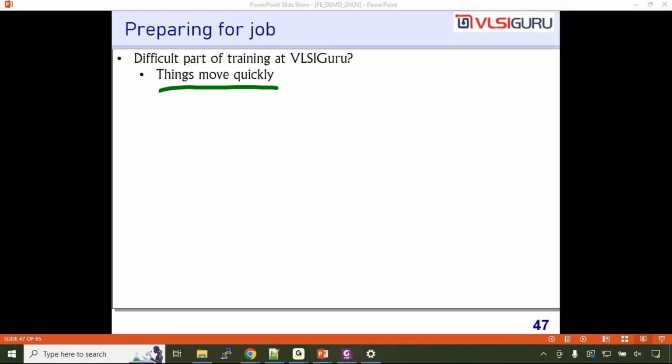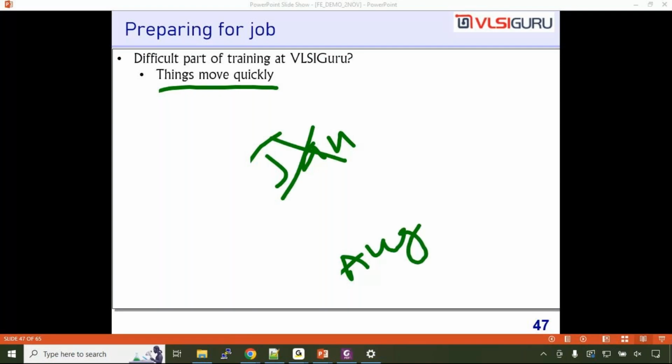The second major problem, you remember, note down also, write down also. The second problem where every student faces difficulty is, let's say digital design is done in January. The training completes around August, for example. He forgets everything done in January.